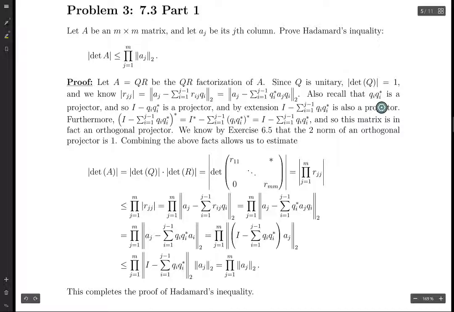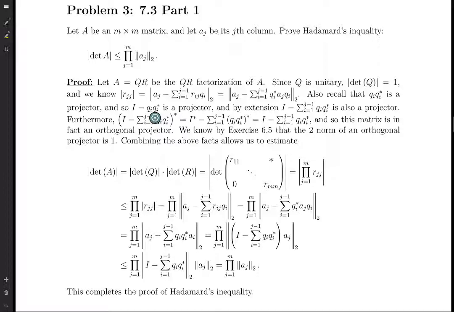Also, Qi star is a projector, because we know that that's true. And so we know that if you take I minus a projector, you also get a projector. So if you take I and subtract Q1 star, you get a projector. Then subtract Q2 star, you get a projector.